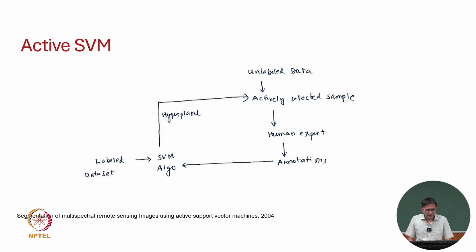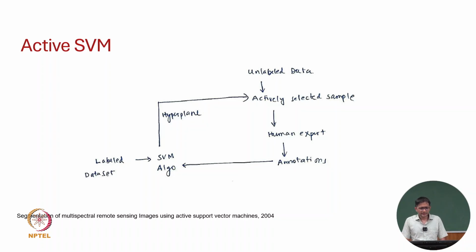So what's happening is that, let's say you have a labeled data set and you use the SVM to fit a hyperplane. We said that we'll be talking about how to fit this hyperplane soon. Now let's say you have a large set of unlabeled data as well.